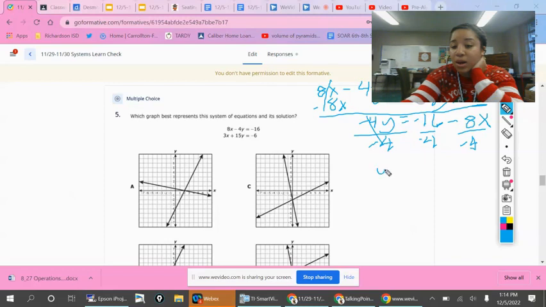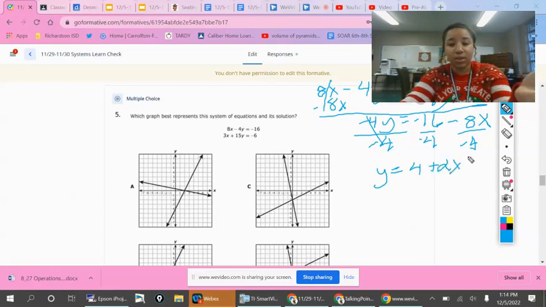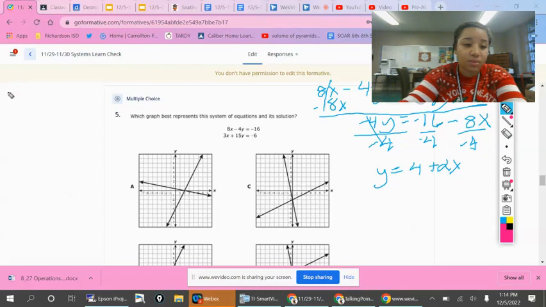And that is going to leave me with Y equals 4 plus 2X. So that's going to be one of my equations. Okay, then we're going to do the other one over here. I'm going to do this one in pink. That is going to be 3X plus 15Y equals negative 6.